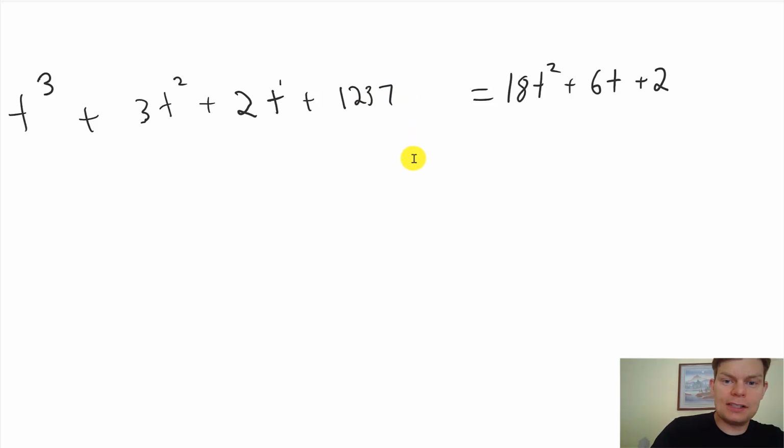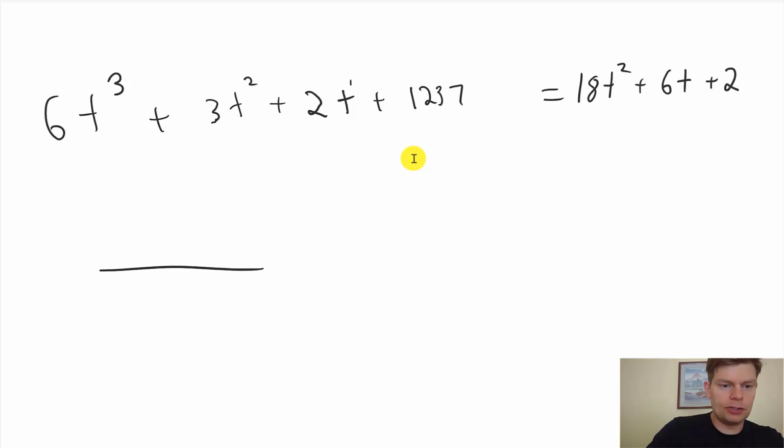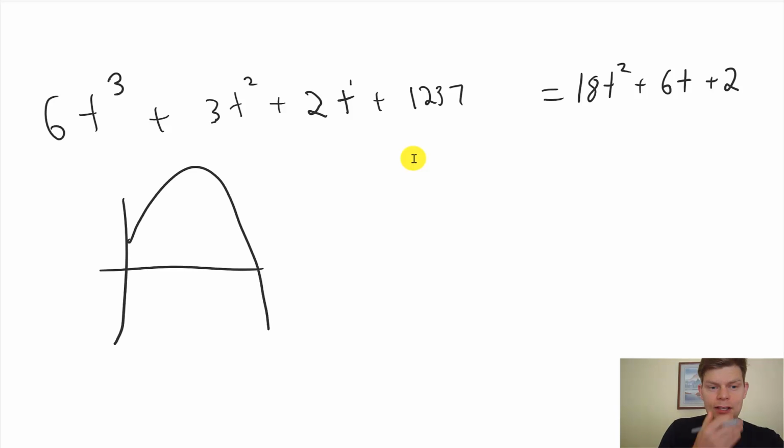And that makes sense because if you think about it, if we've got some original function like this or whatever, our derivative is our rate of change, so it tells us our slope at any given point.